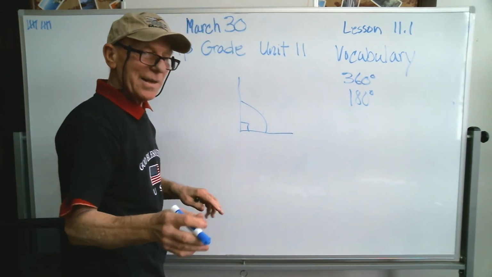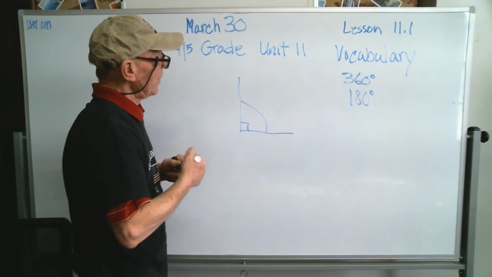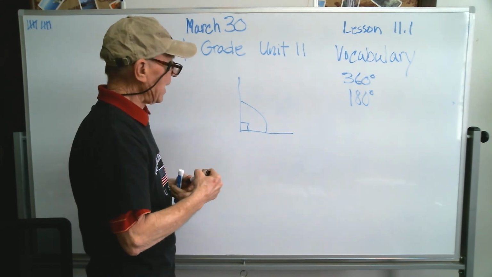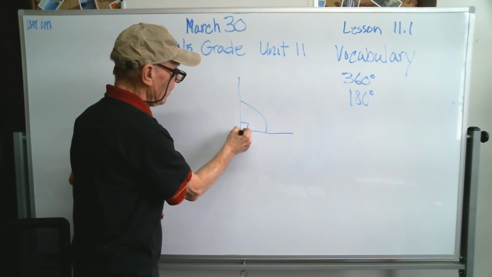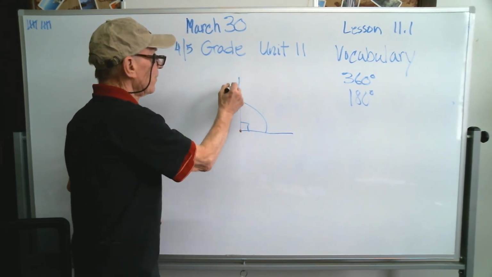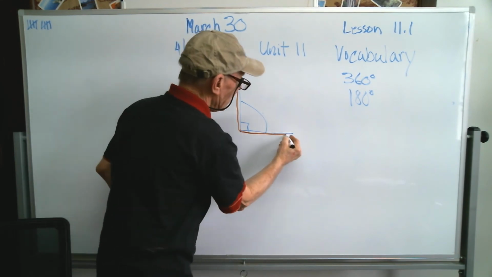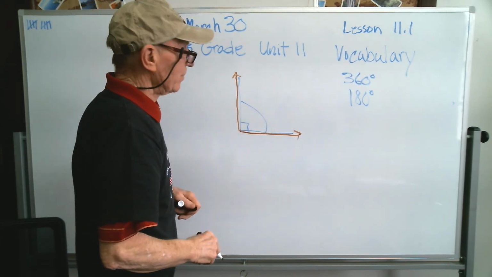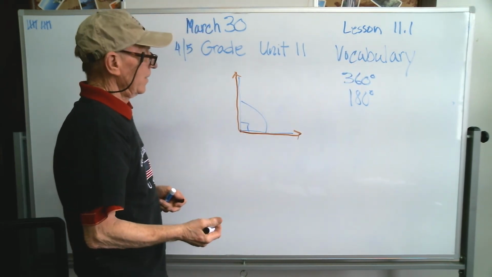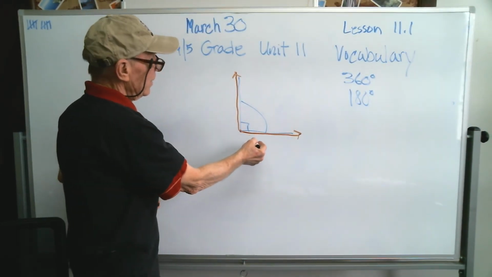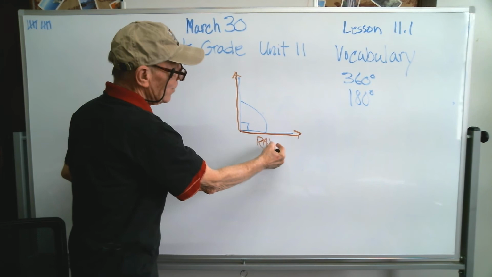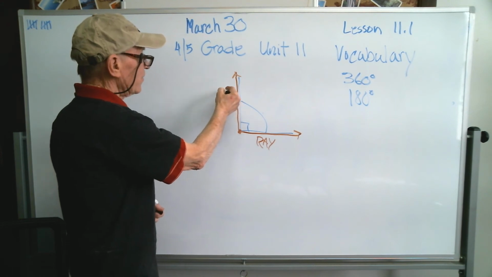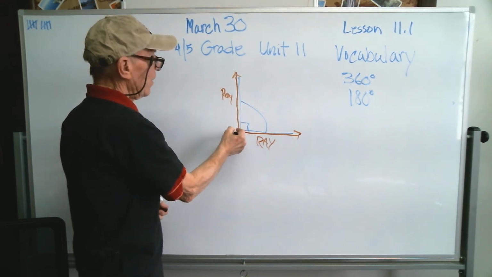Because, to take you back in the vocabulary, these two lines of this angle meet right here. But they basically continue off unless defined. And as it continues off, this is a ray. Remember we had ray as one of our words? So from here, in that direction, that's a ray. And so is this a ray, from here, going in that direction.